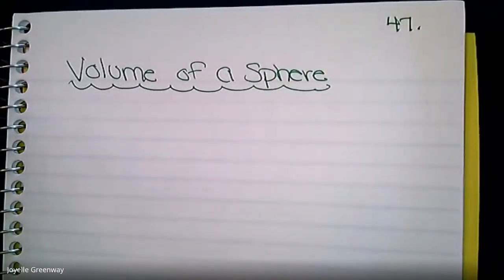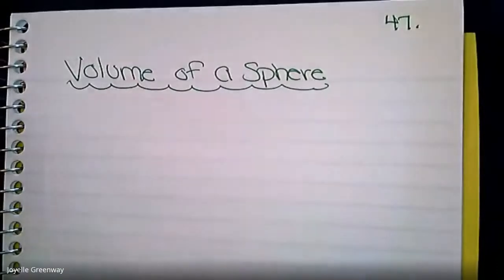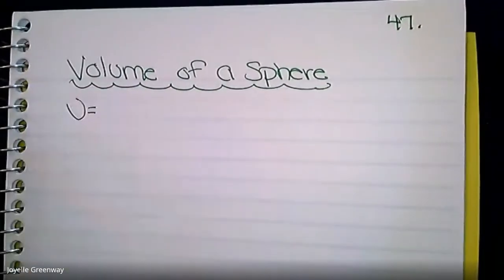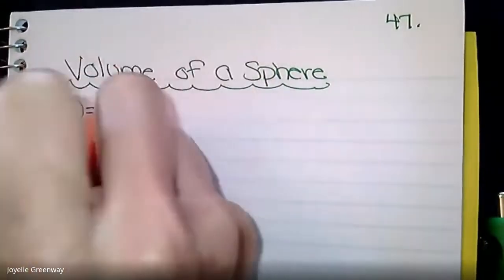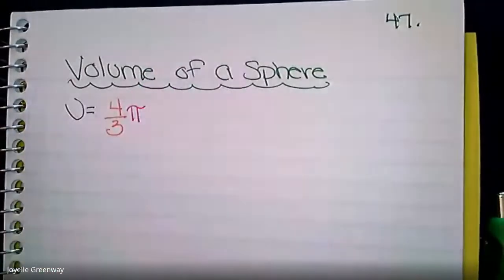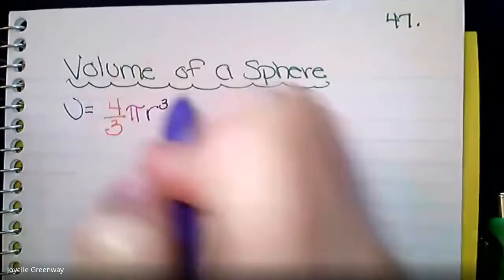The first thing that we need is the formula. The formula to find the volume of a sphere is volume is equal to 4/3 times pi times your radius cubed.